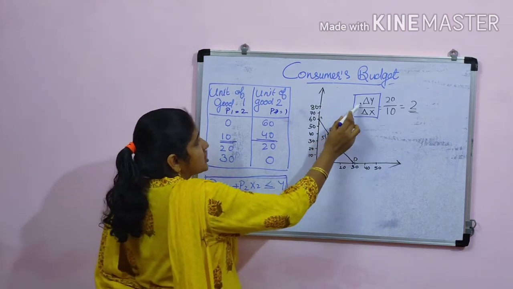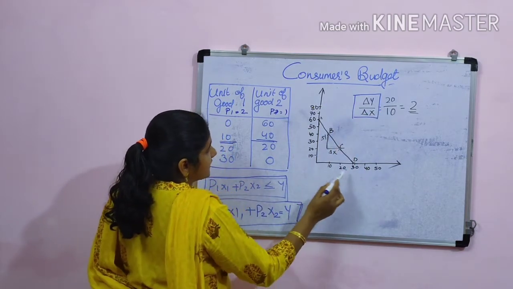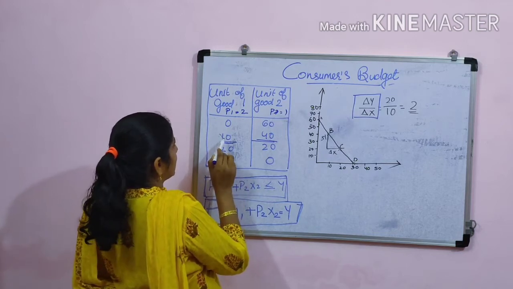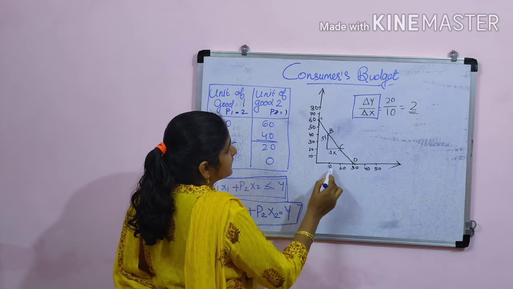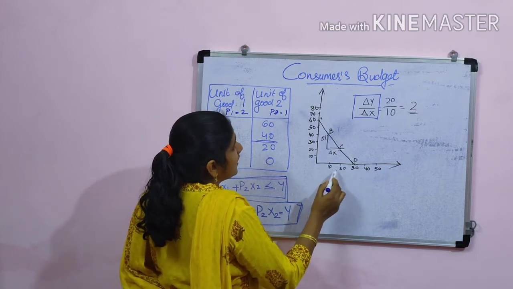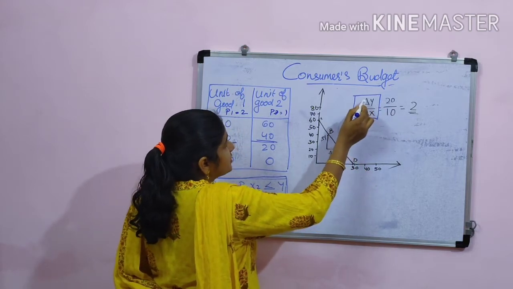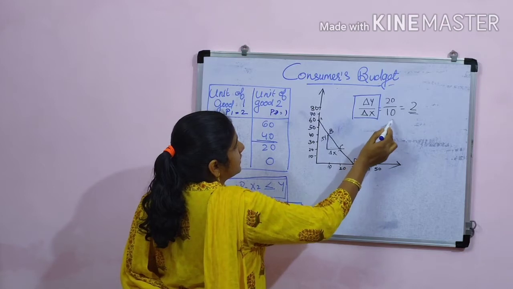So the change in the y commodity is 20. Commodity x goes from 10 to 20, so the change in commodity x is 10. So change in y upon change in x is equal to 20 divided by 10, which is equal to 2.